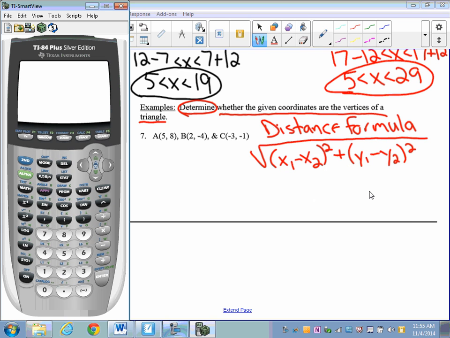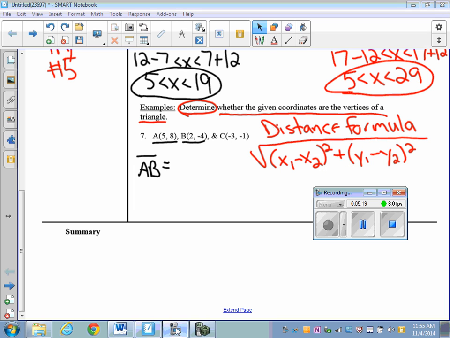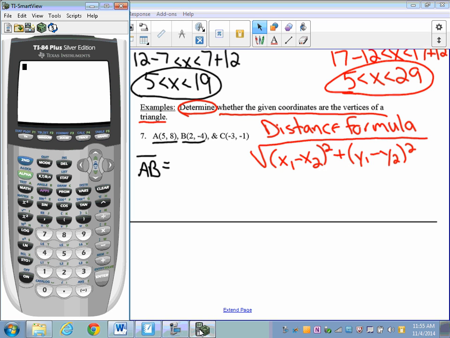So I'm first going to figure out the length of segment AB. In order to find the length of segment AB, I'm going to use those 2 points. My first point is going to be my x1, y1, and my second point is going to be x2, y2. So all I do is take the square root of 5 minus 2 squared plus 8 minus negative 4 squared.